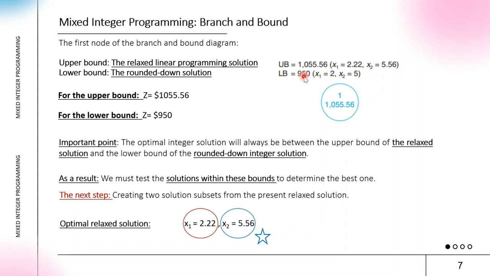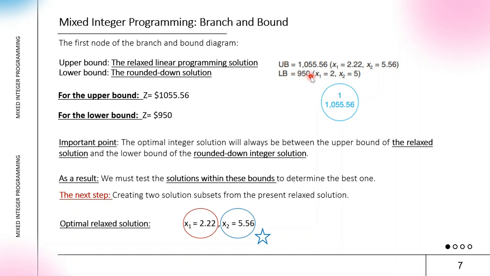As I said, to calculate the lower bound, we round down x1 to 2 and x2 to 5, and the objective function value, or the daily profit, for these values of the decision-making variables is 950.